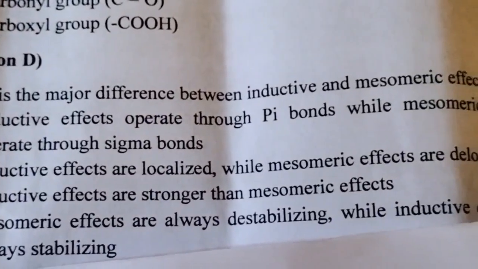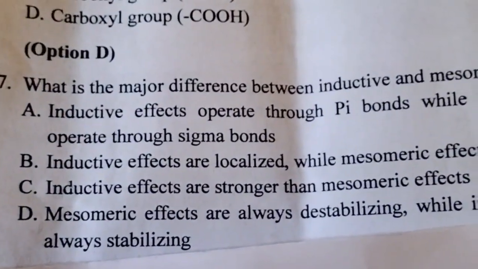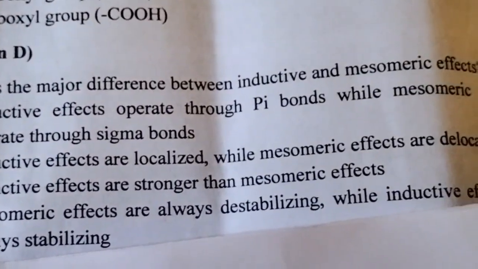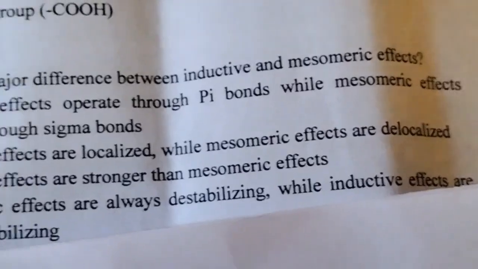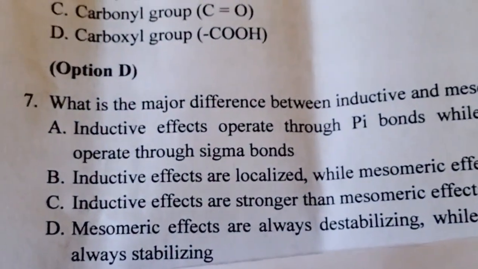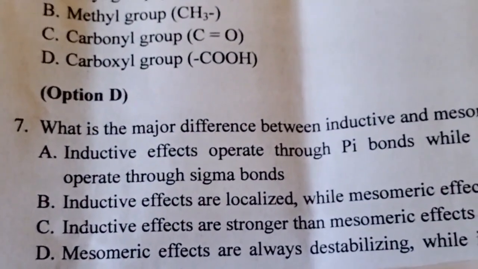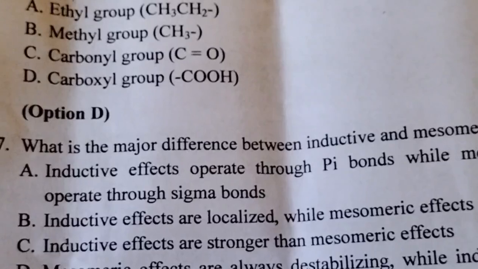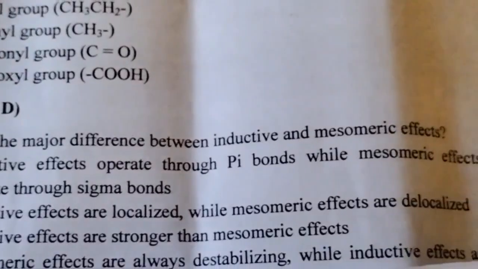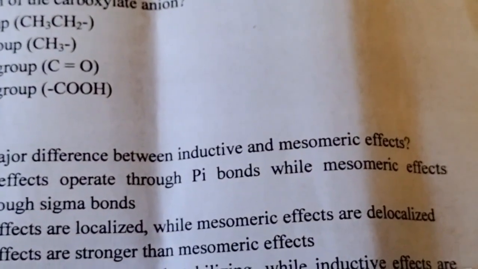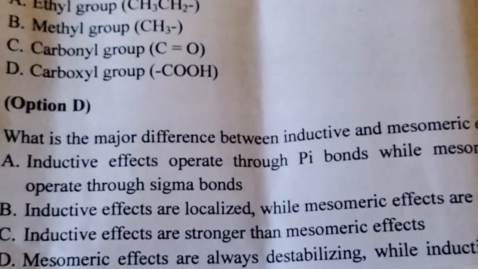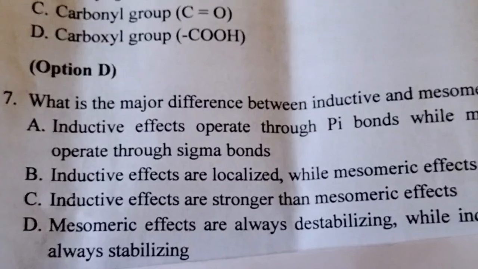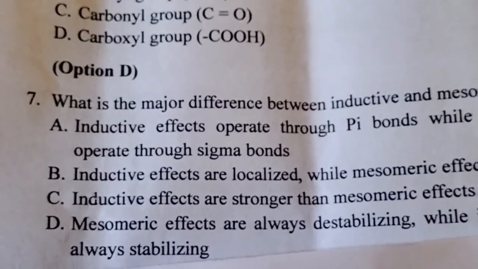C. Inductive effects are stronger than mesomeric effects. D. Mesomeric effects are always destabilizing, while inductive effects are always stabilizing. Option A is wrong, because inductive effect operates through sigma or single bond, while mesomeric effect operates through pi bond. So A is off.